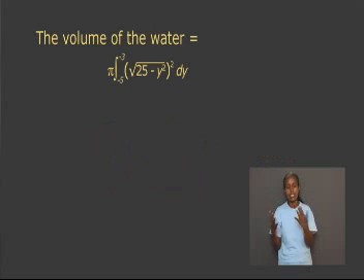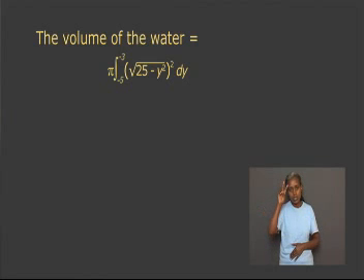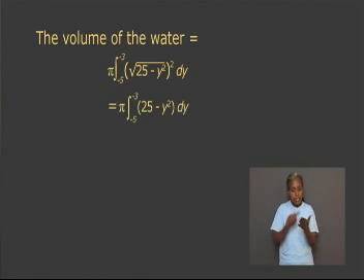Pi is integral from -3 to -5 of the square root of 25 minus y squared with respect to y. This simplifies to pi is integral from -3 to -5 of 25 minus y squared with respect to y.